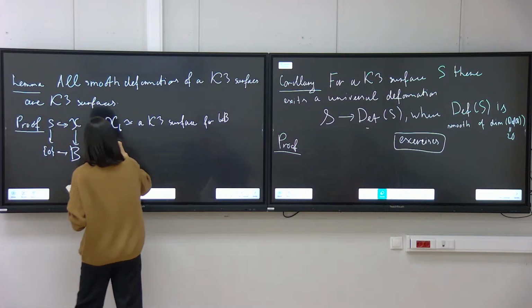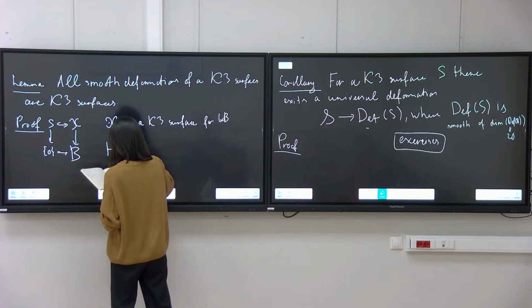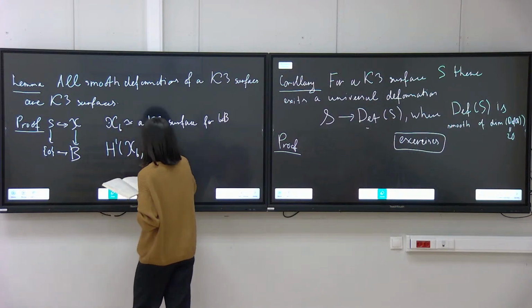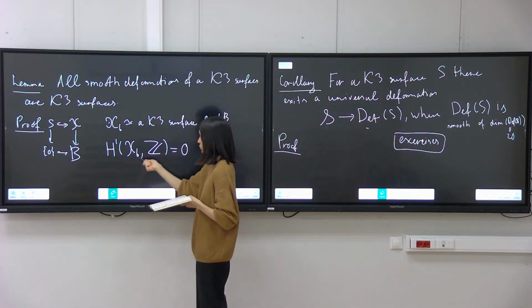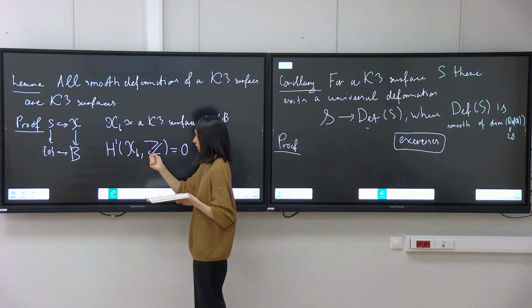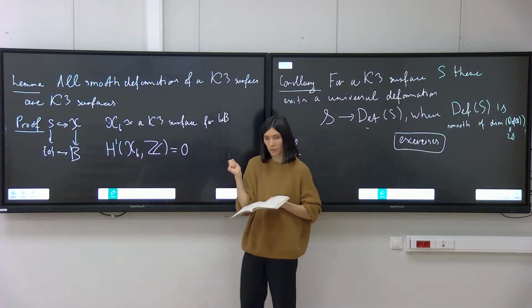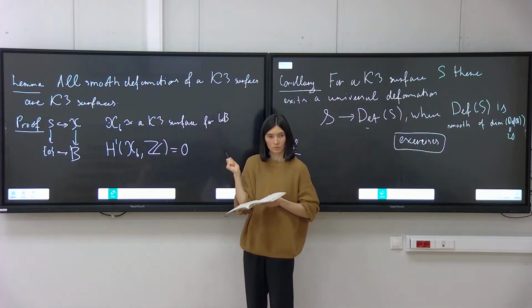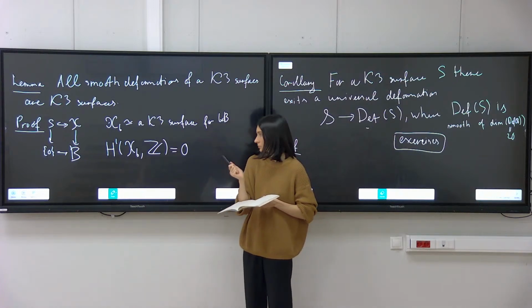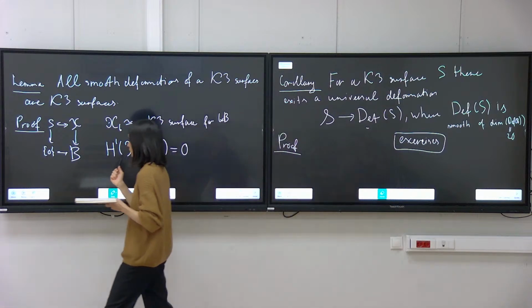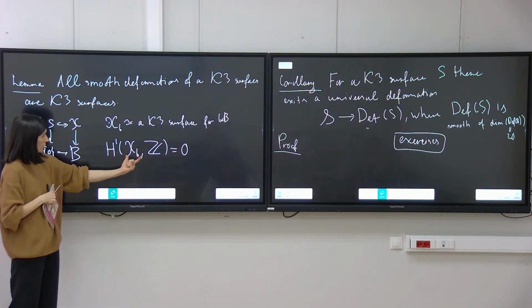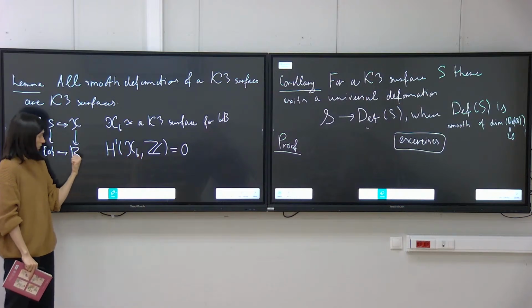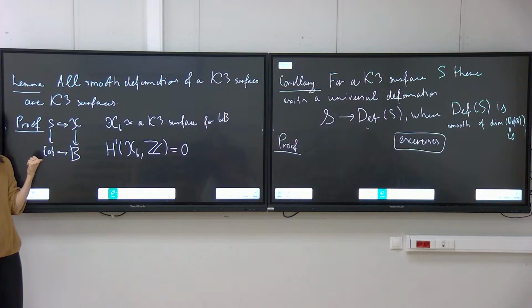So first of all, I claim that the first cohomology of X_b is 0. Why is this so? Because the dimension of singular cohomology is constant in families, in deformations.